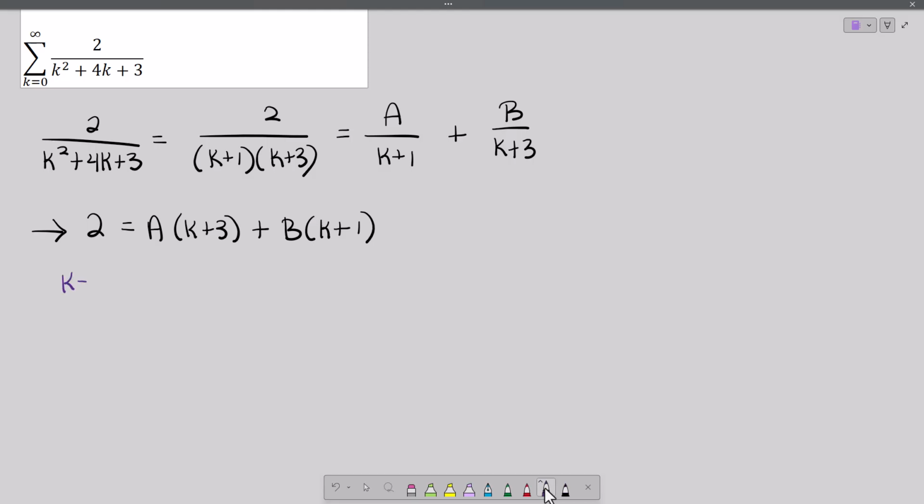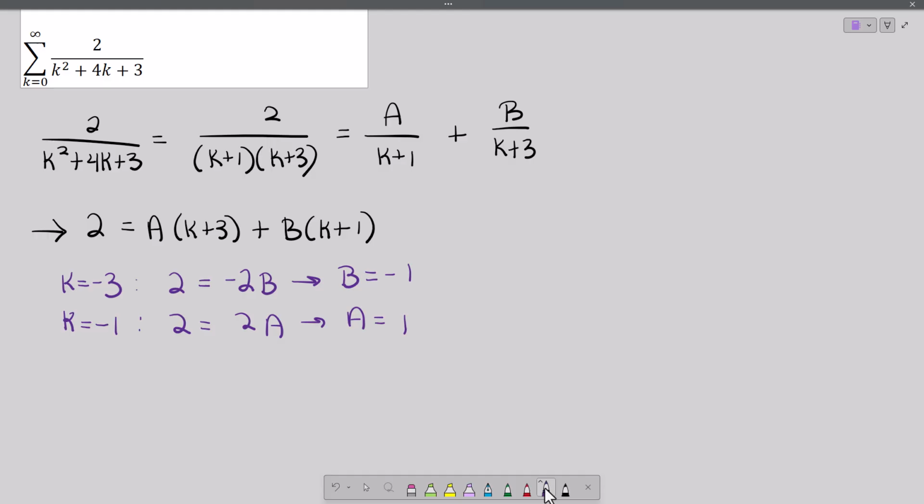So if we let k equal -3, that's going to give us our b value of -1. If we plug in -3 for k here, we get 0. And if we plug in -3 for k there, we get -2 times b. And then our second convenient value, k equals -1, plug that in here and we get 2a. And if we plug in -1 in the second term, we get 0.